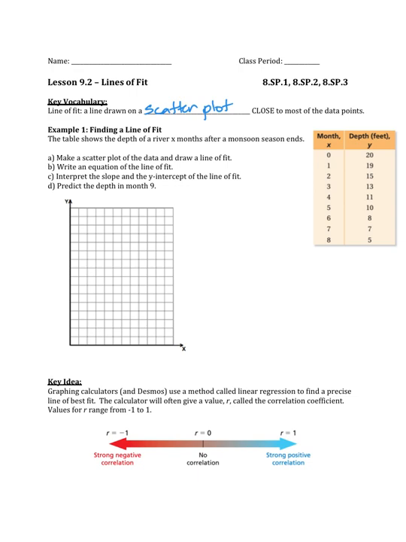So first we're going to make a scatter plot based on our data. So we have months along the x-axis. And along the y-axis, we have depth in feet. And it looks like we need to make it up to 20.